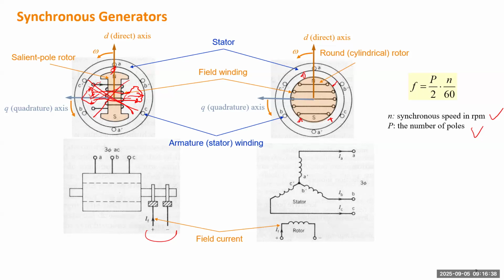So you can tell if I have more poles, I can operate at a lower speed to maintain the same frequency. So we want to maintain this one to be 60 hertz. So for the generator with many poles, the speed can be lower.